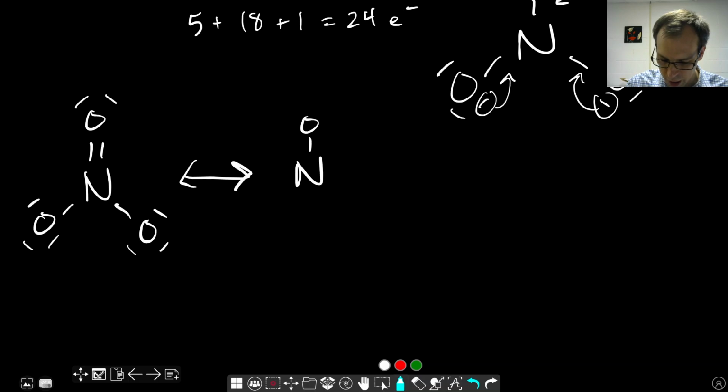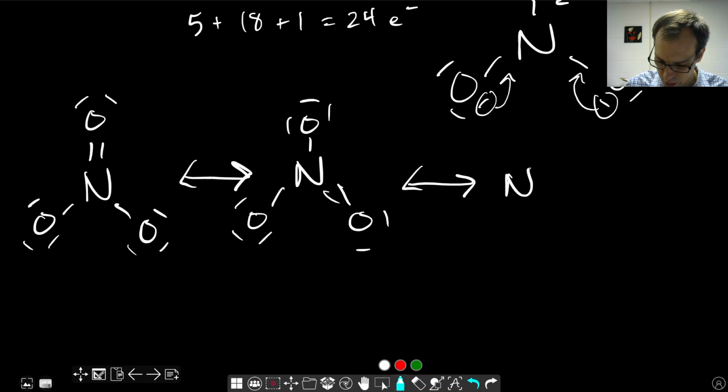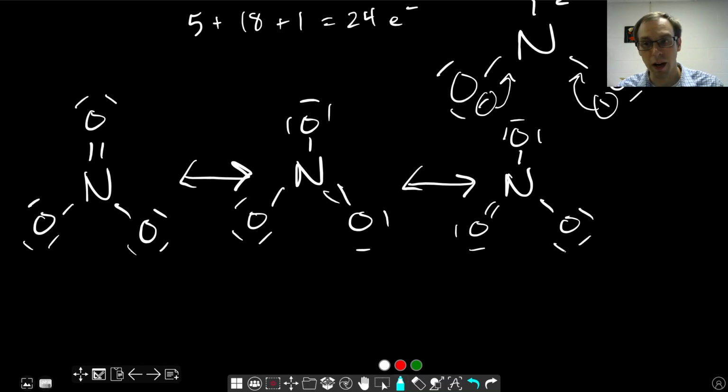We can also have a version where it's the bottom left or bottom right oxygen that formed the double bond. All right, all of these give valid structures, and these are all our 3 resonance structures in this case.